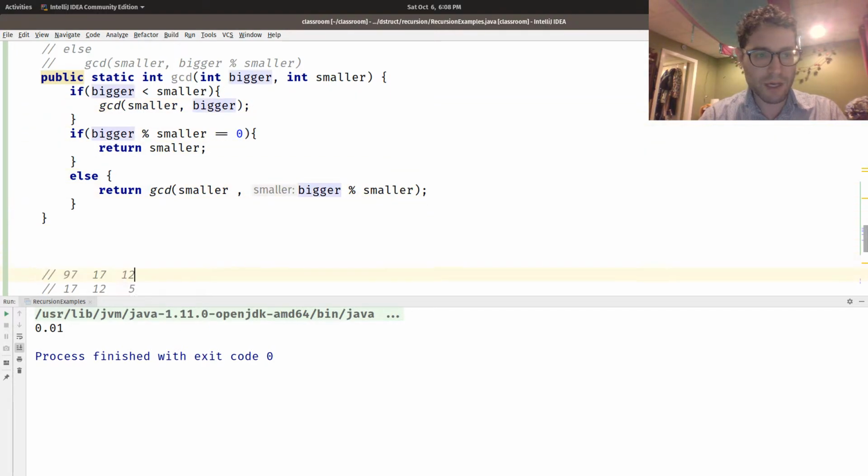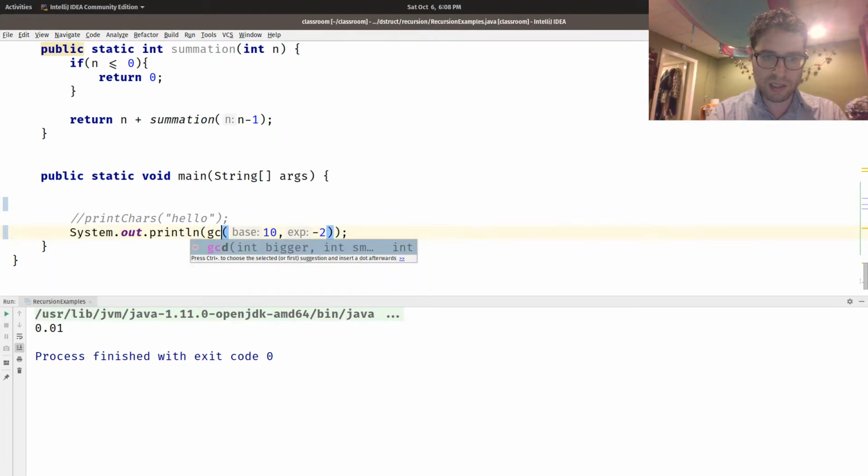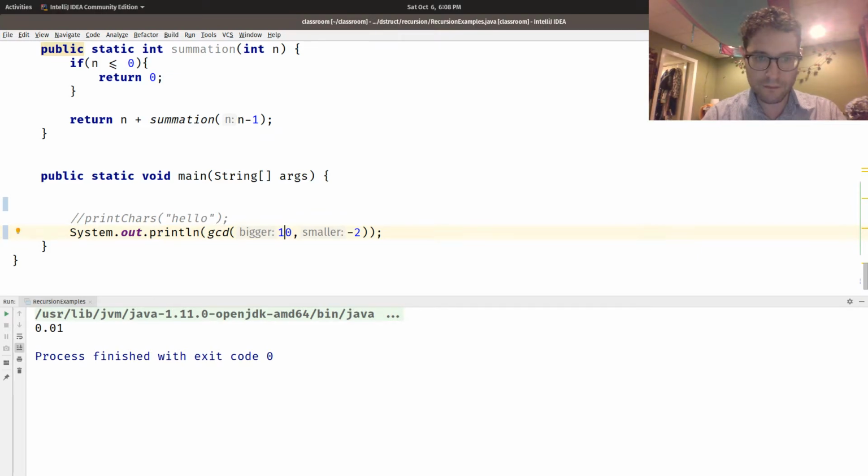Okay, so now to test it out, GCD 60, 15. Okay, 2 and 15, that should result in 1.